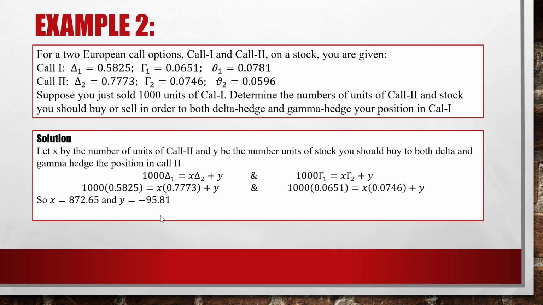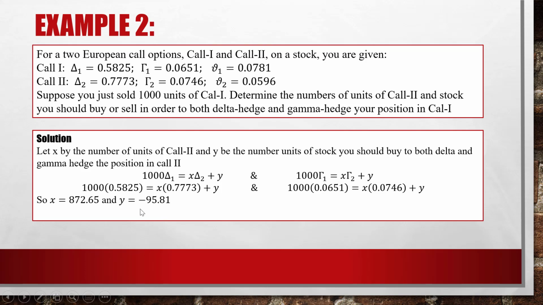And again here, y is the number of units of stock you should buy, but because it's minus, that means you have to sell. So we sell 95.81 units of stock, and we buy 872.65 units of call 2.